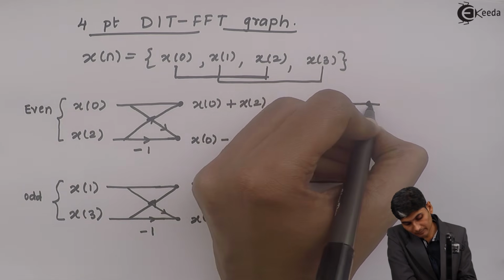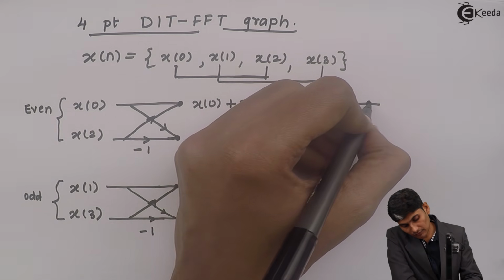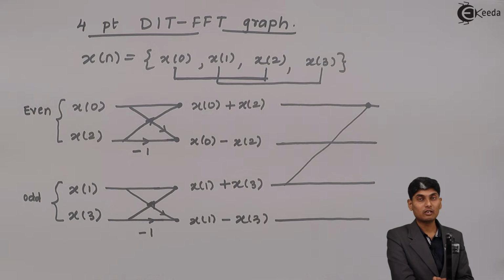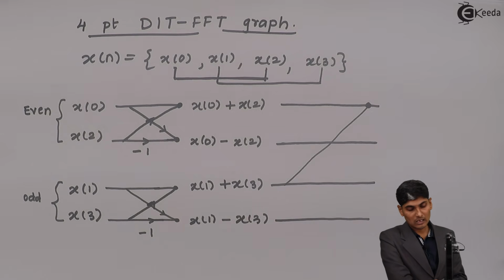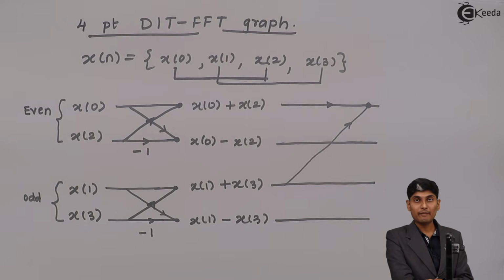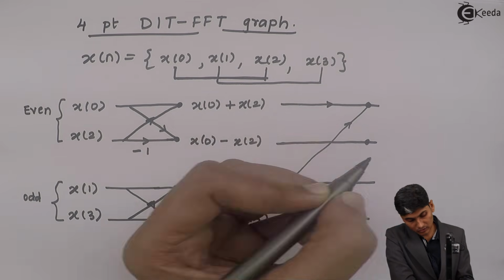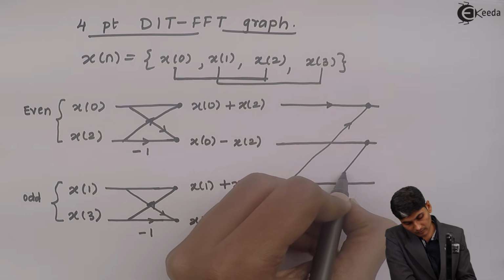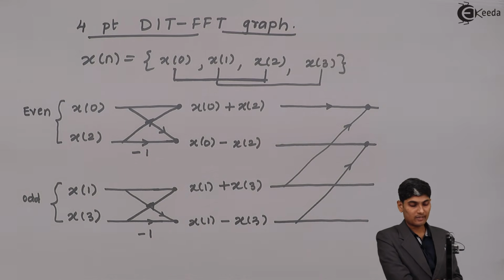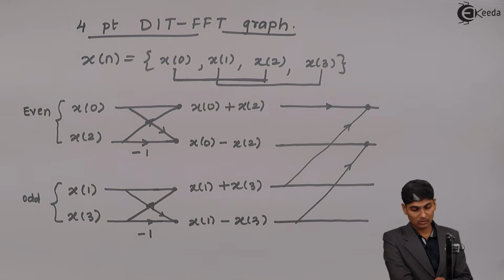Right? Now we increase one step. Now I add at this node the first value and the third value, and then I add at this junction the second value and the fourth value.